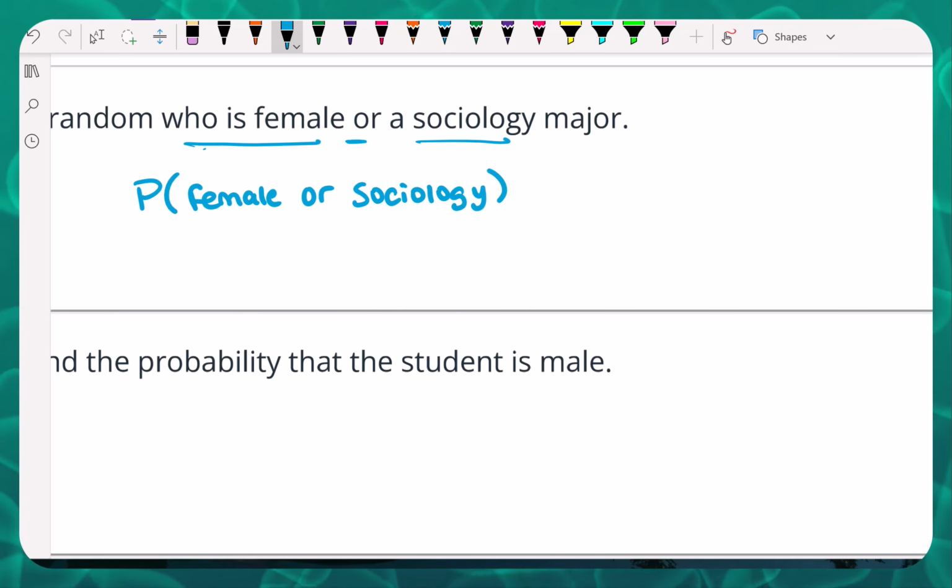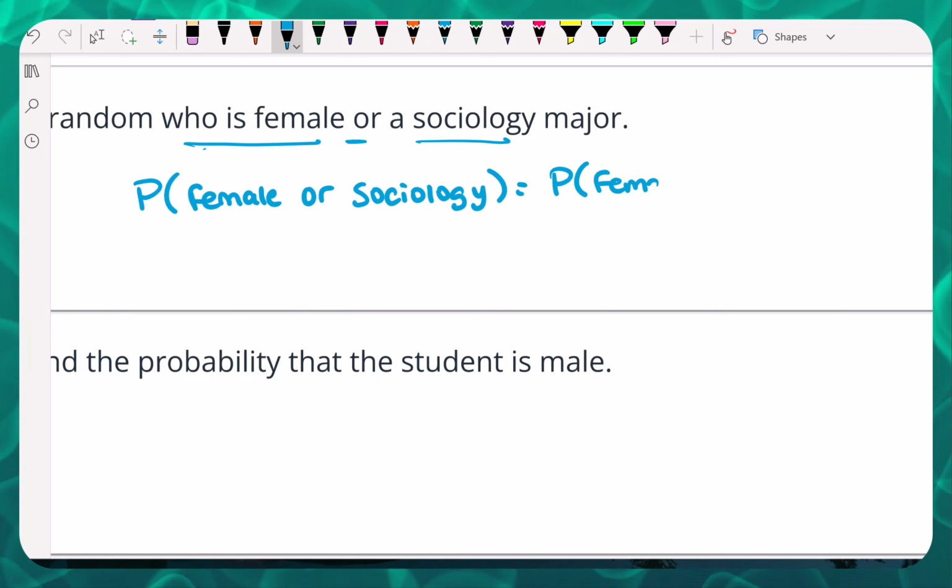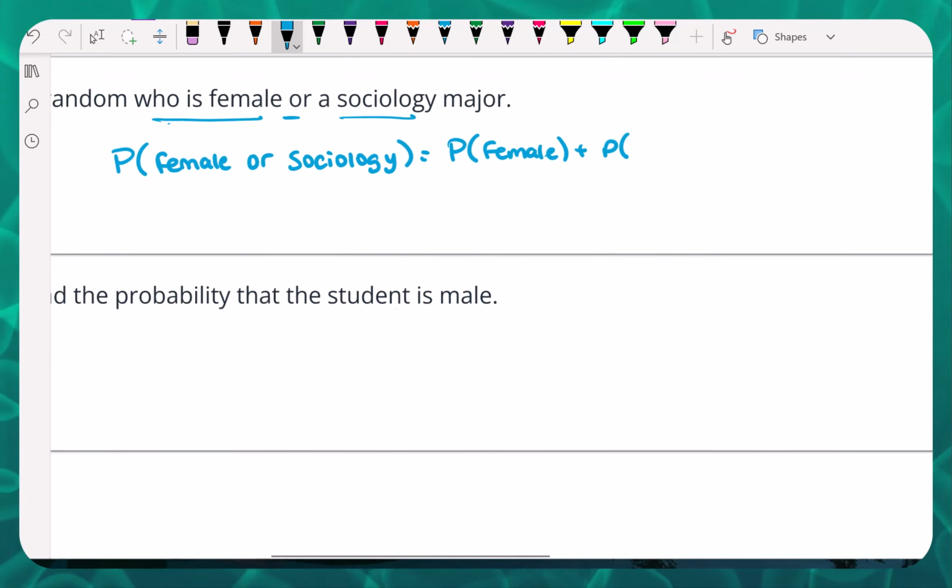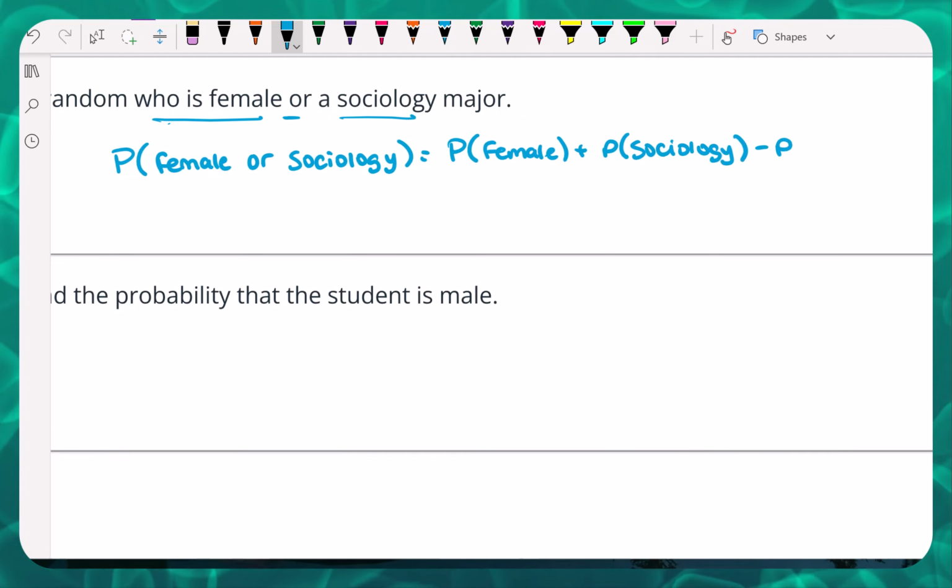Now, when I taught you the OR formula, you have to do the probability of the first event. So that would be probability of a female, probability of the second event, which would be sociology. But then you have to subtract the probability of the overlap or both of them being female and sociology.